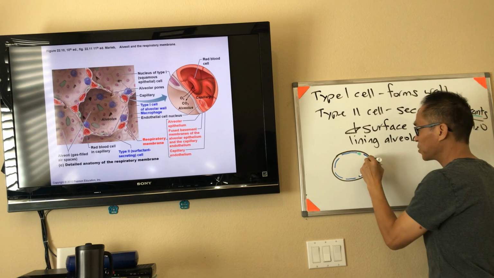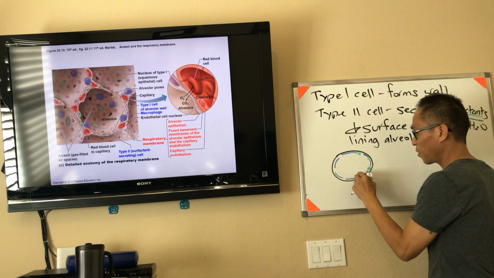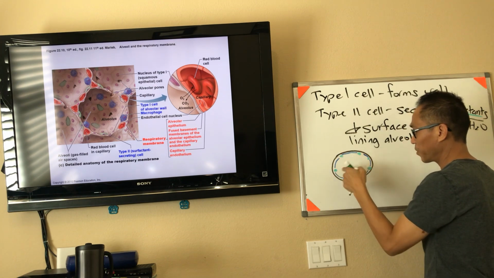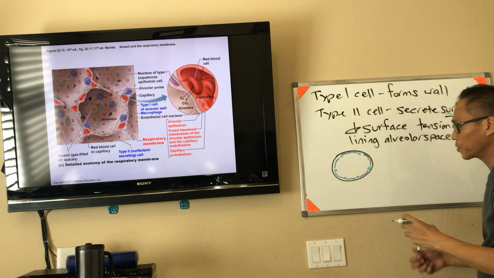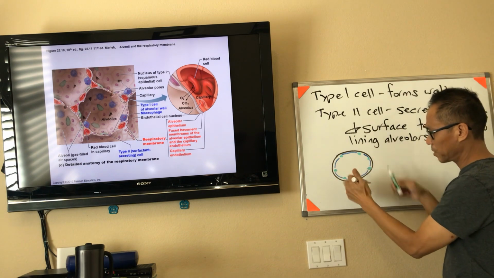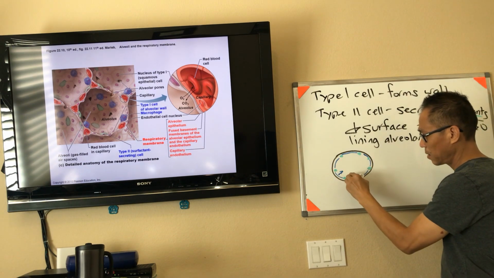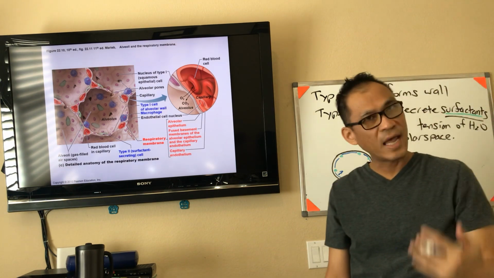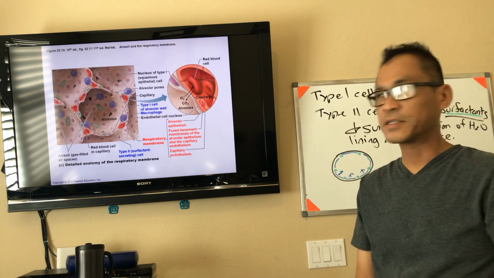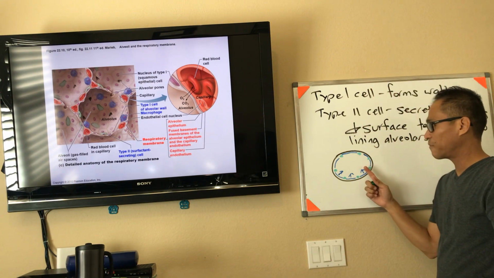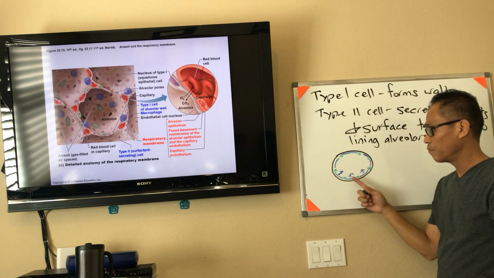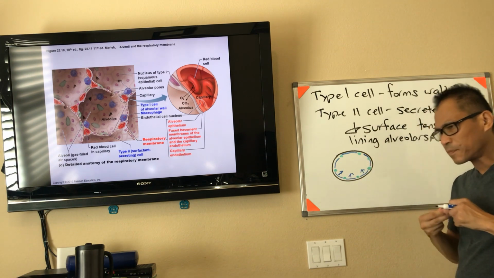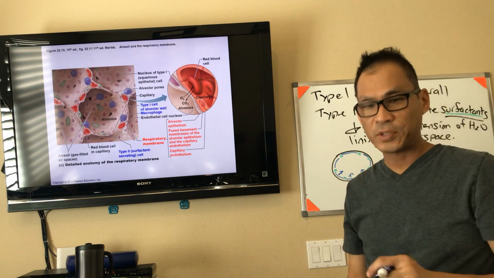By inserting yourself in between water molecules, you break the surface tension. Otherwise, if there are no surfactants, the force would collapse because there's a cohesive attraction between water molecules creating the surface tension. With no surfactants, it's more difficult to breathe because you have to overcome greater surface tension forces. You break it up with the little green balls there. They have an ability to intersperse between water molecules.